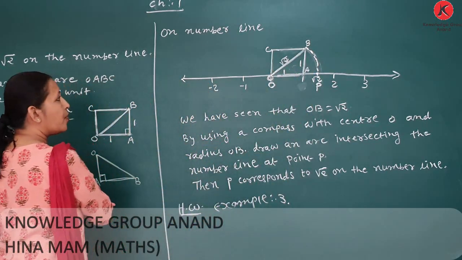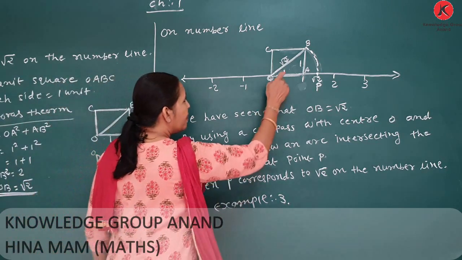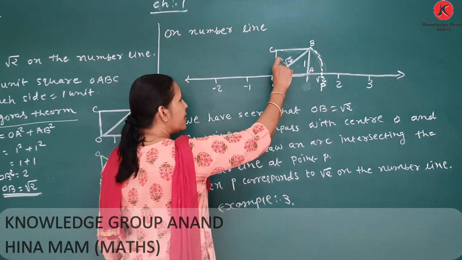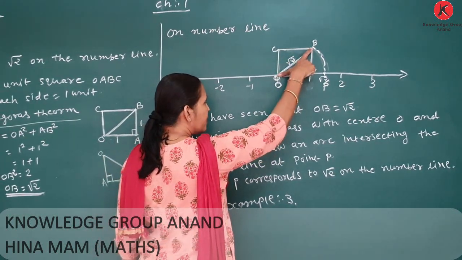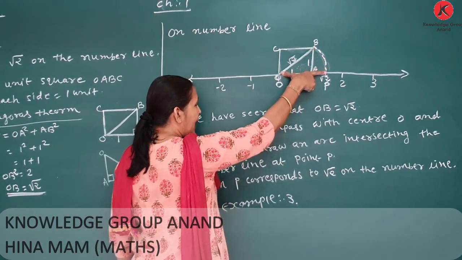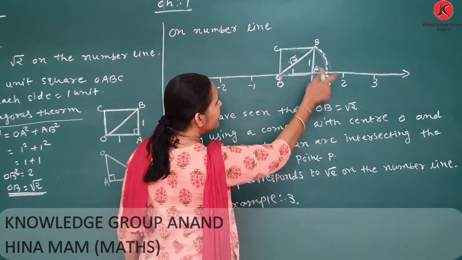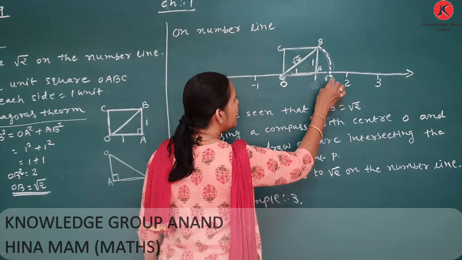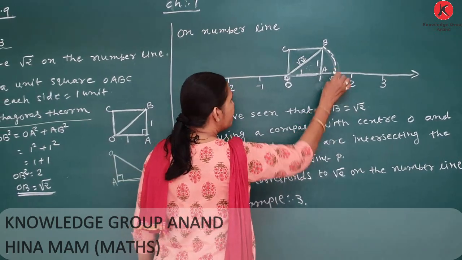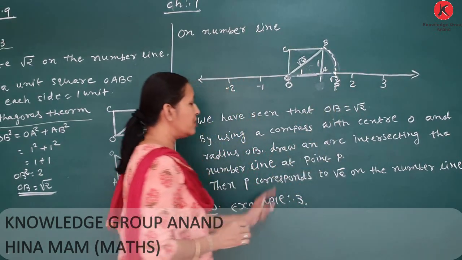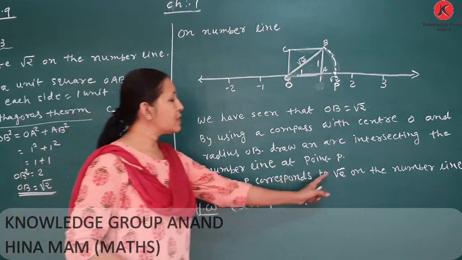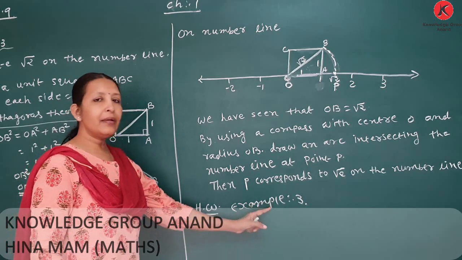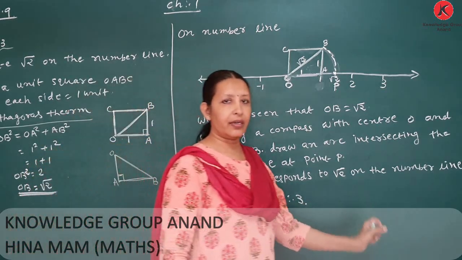Using a compass with center O and radius OB, draw an arc on the number line which intersects the number line at P. Then P corresponds to root 2 on the number line. Do example number 3 in homework.